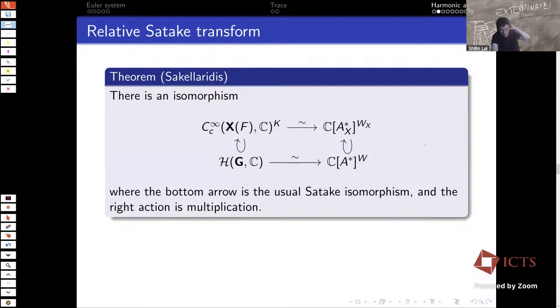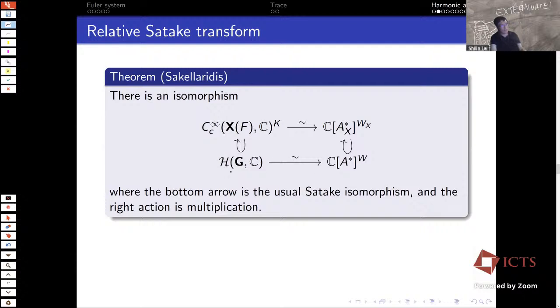In the cases presented, this is a theorem of Yiannis Sakellaridis from 2013. So there is an isomorphism of the group we are interested in with a certain invariant vector acting on the space of regular functions on a torus.